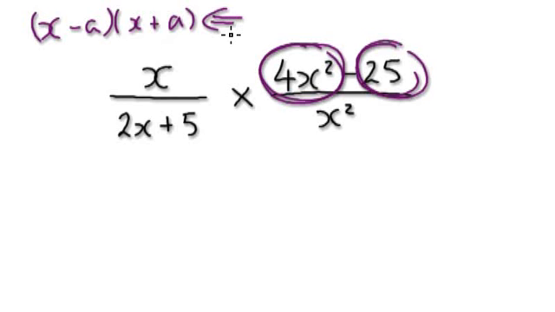Again, I've done a video on this already, so you should be able to spot something like this. Oh, I can neatly square root this, which is 2x, because when you get 2x times 2x, it gives you a neat 4x squared. And this here you can square root neatly, it will be 5.